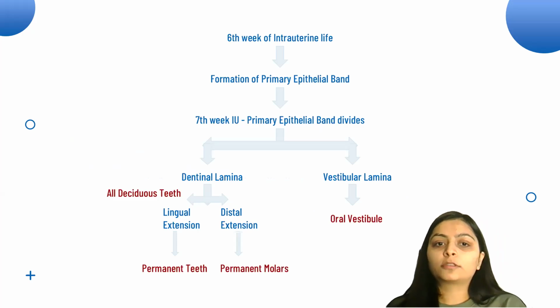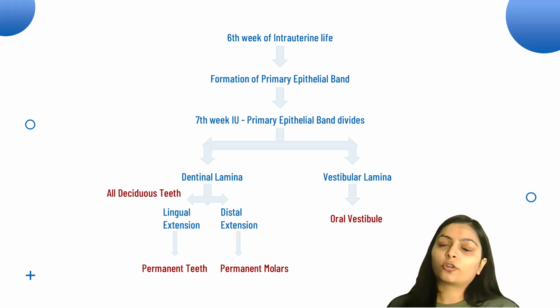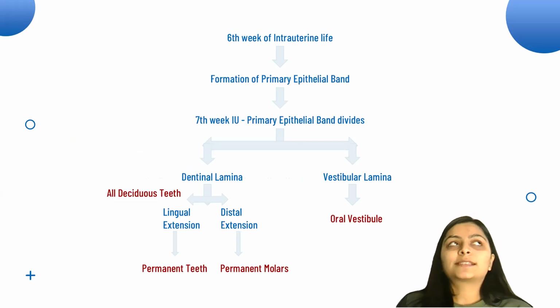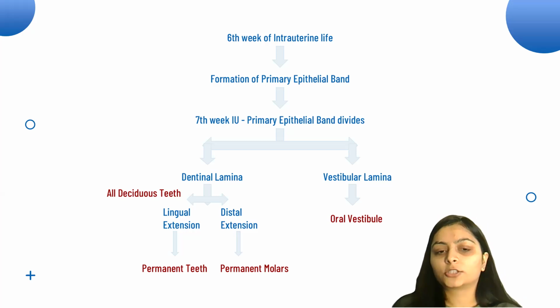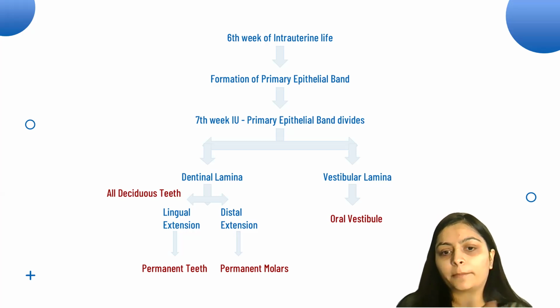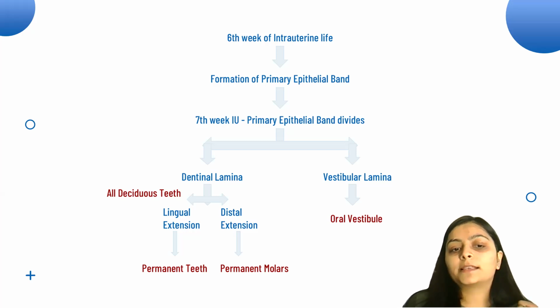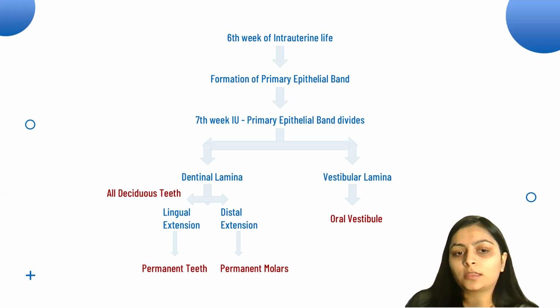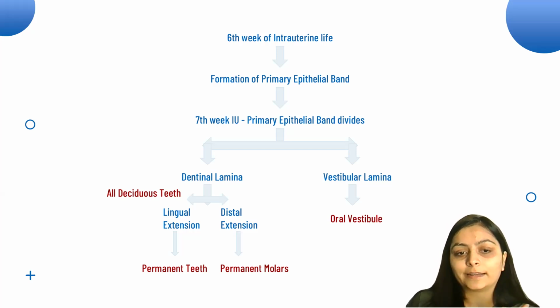The development of the tooth begins at the sixth week of intrauterine life, followed by the formation of the primary epithelial band. In the seventh week of intrauterine life, the primary epithelial band divides into two parts. First is the dental lamina, and second is the vestibular lamina. The dental lamina is responsible for all deciduous teeth, and it further divides into two extensions: first a lingual one, and second a distal extension.